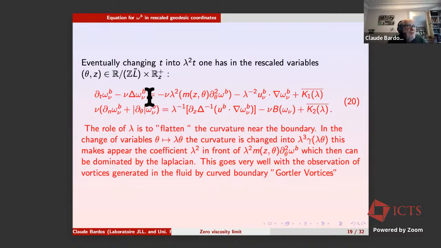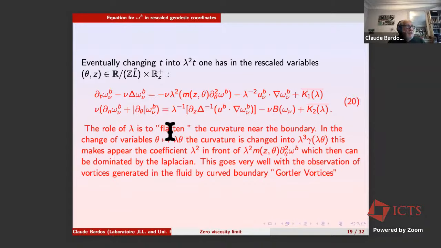You have a half-space problem with a new lambda square, which multiplies a coefficient which depends on the boundary. Then you have other terms which are less important, and you have the same thing for the Maekawa boundary condition.